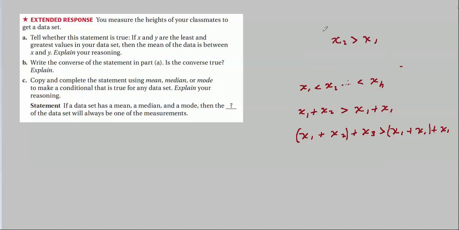Add the same thing to both sides. That doesn't change the inequality, does it? We got an x1 here and an x1 here. That's exactly what I've got here. So, this quantity is larger than this.